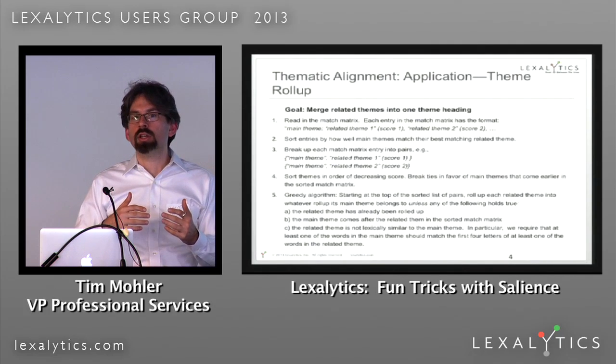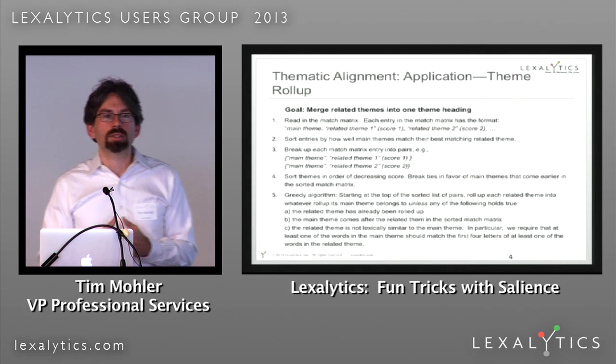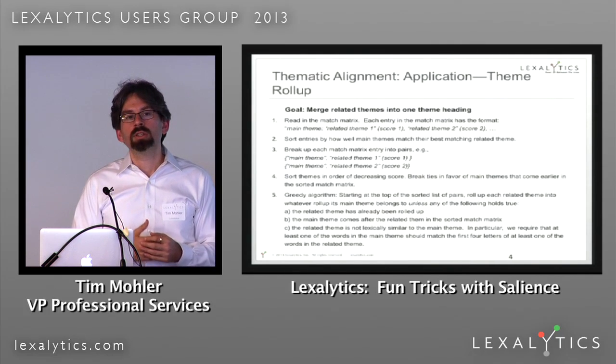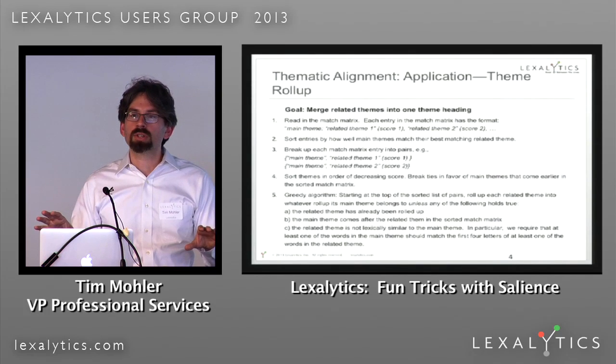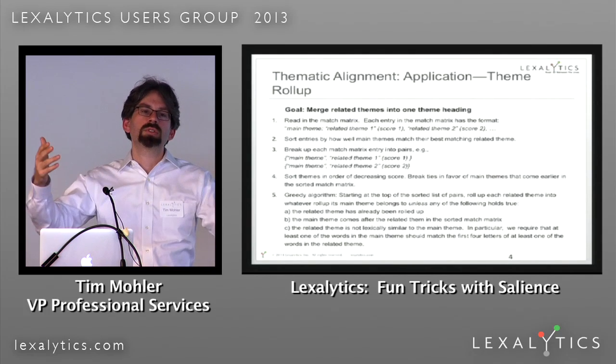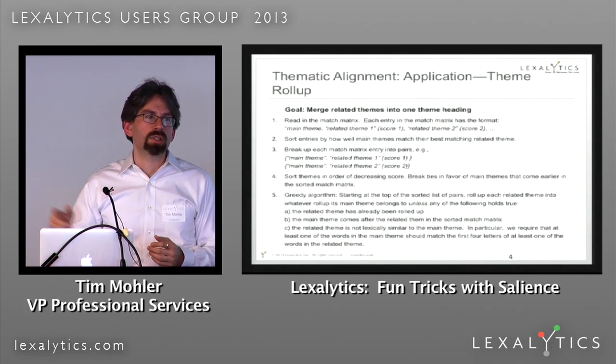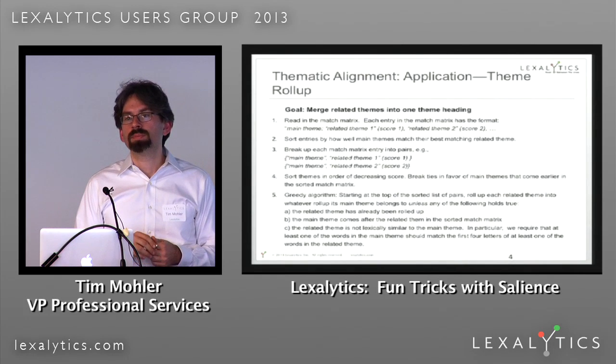And you can then feed that back into Salience as a theme normalization, so you only get back the top level theme. You could also use that as an application level decision to say, I'm going to keep them different as they come out of Salience, but I'll present them as the same thing to the end user, and they can drill in to see the underlying verbatim if they want.